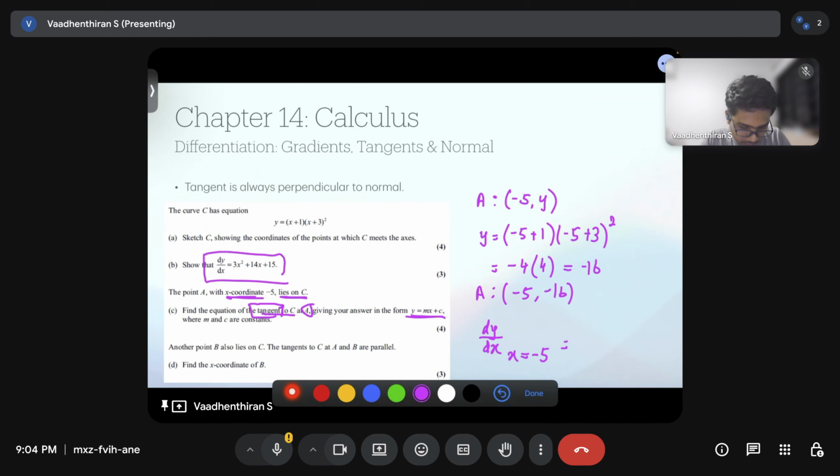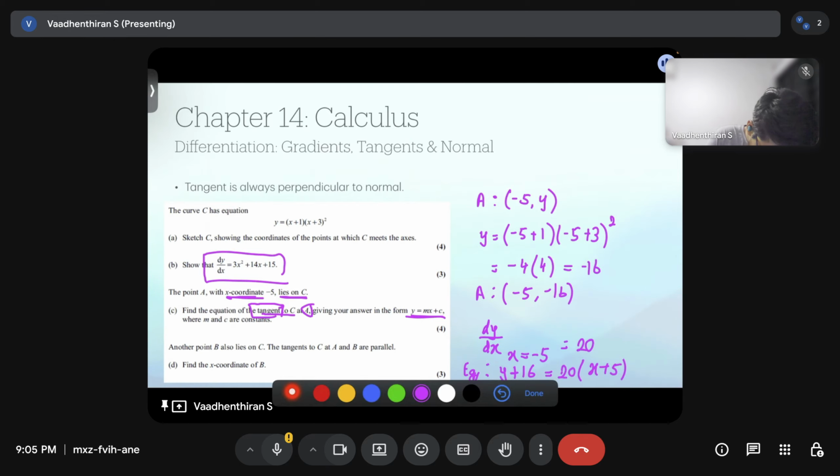So the gradient at A will be 3 times -5 squared plus 14 times -5 plus 15. So it's basically 20. So dy over dx is 20. And the equation, you just use the y minus y1 equals m times x minus x1 formula. So y minus y1 would be y plus 16, and then 20 times x plus 5.